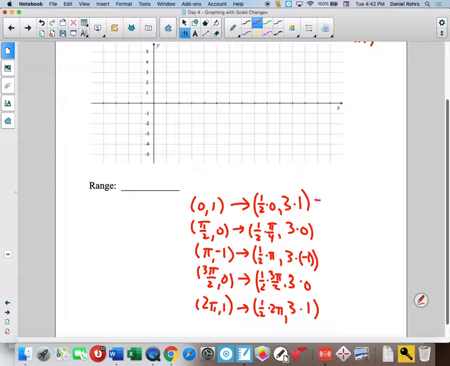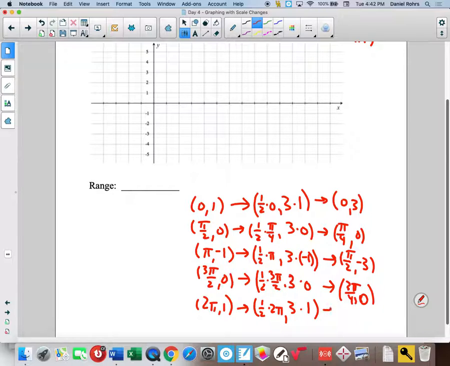So the points that I end up with then are 0, 3; pi over 4, 0; pi over 2, negative 3; 3 pi over 4, 0; and pi, 3.